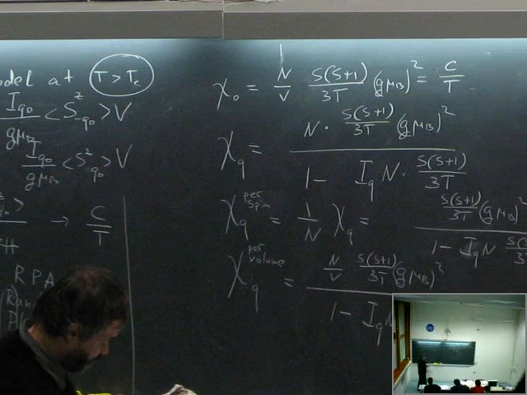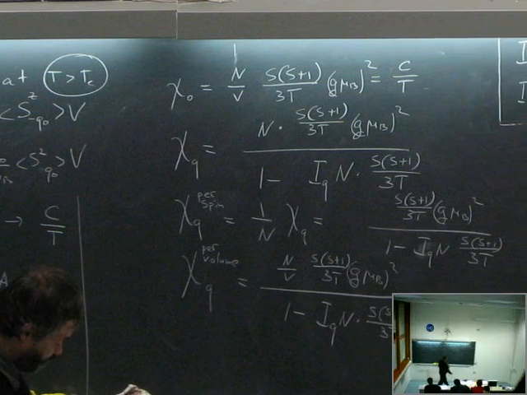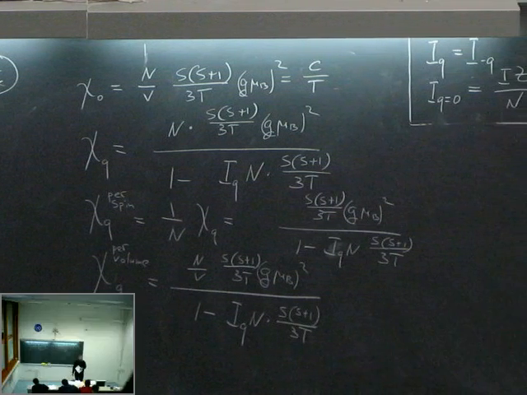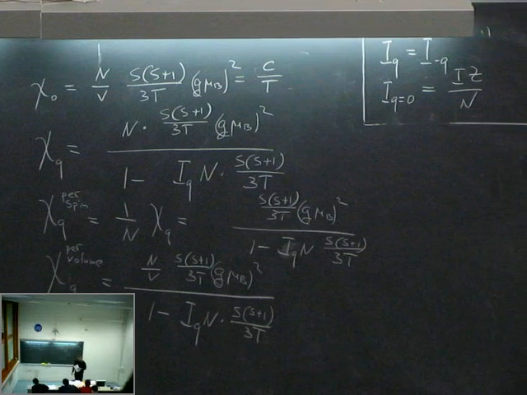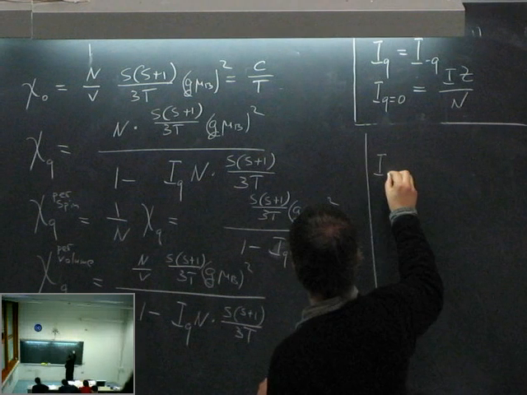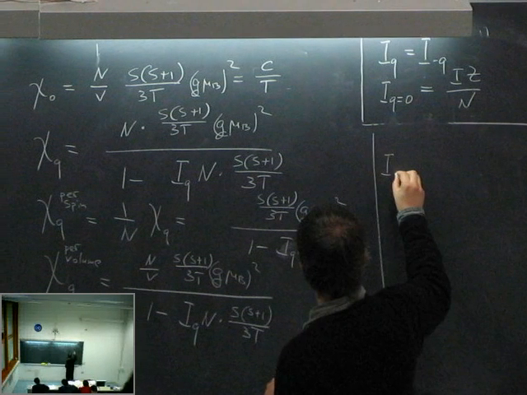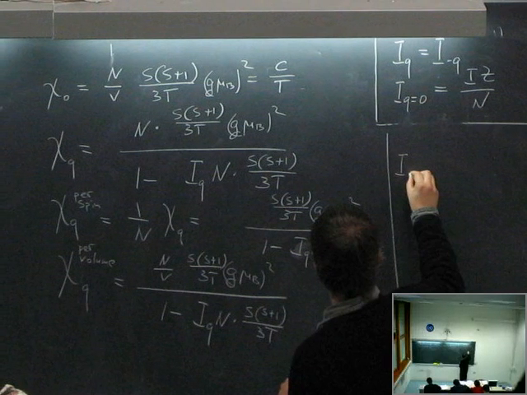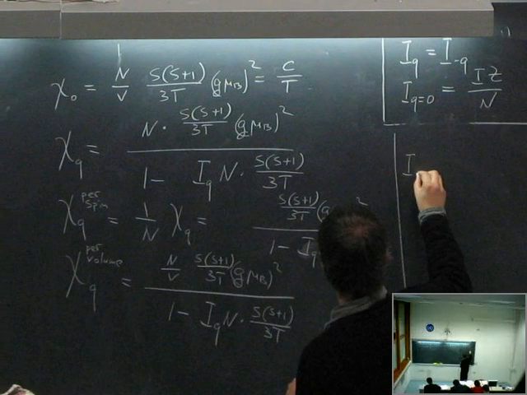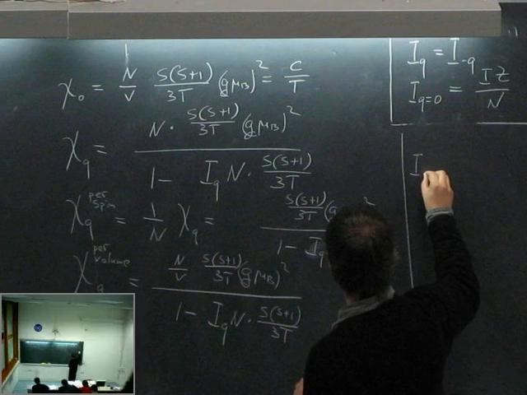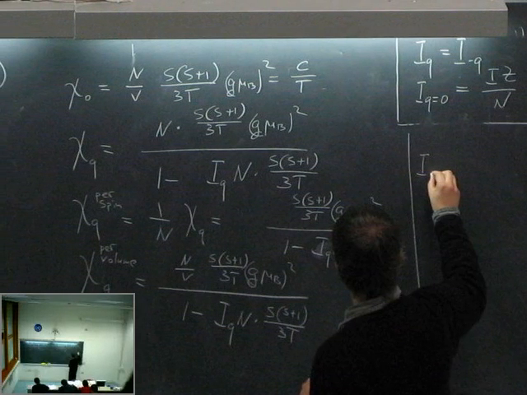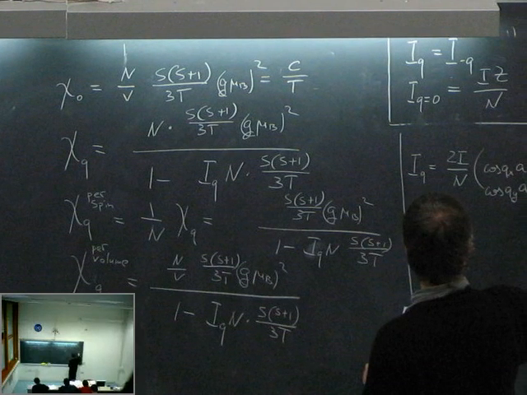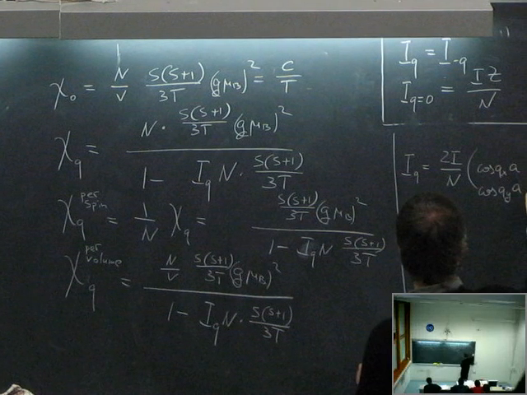Okay, let's take our favorite, beloved model of simple cubic lattice with nearest neighbor interaction. So I q is equal to 2I over n, and here we have cosine q x a plus cosine q y a plus cosine q z a.